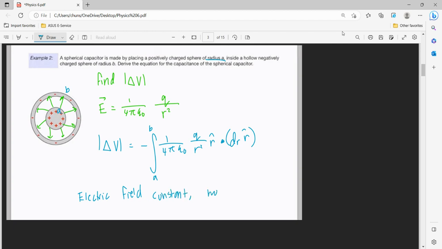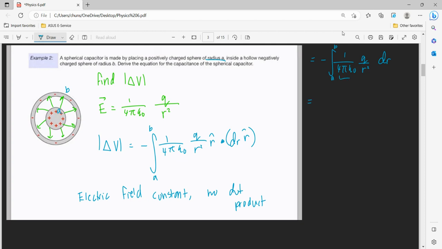There's going to be no dot product. So once we get rid of that, we're given negative a to b, and we're going to get rid of our direction vectors now that it's just scalar multiplication.